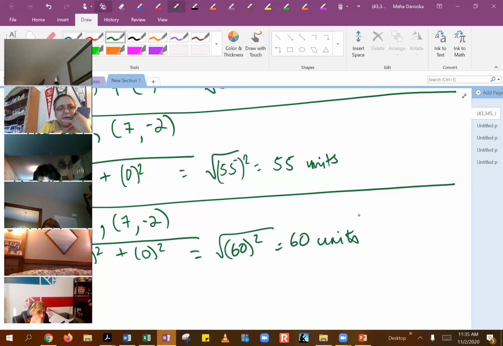Anyone else have an ordered pair that you think would work?